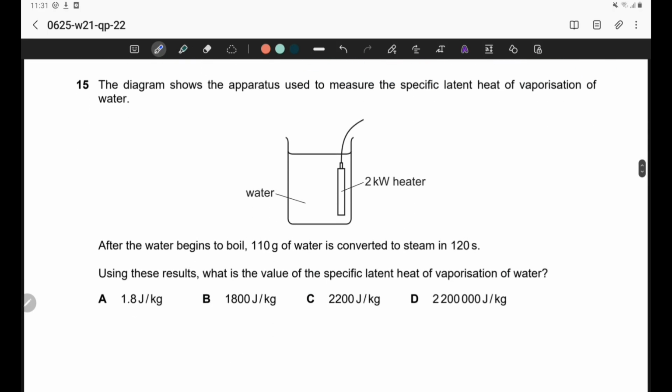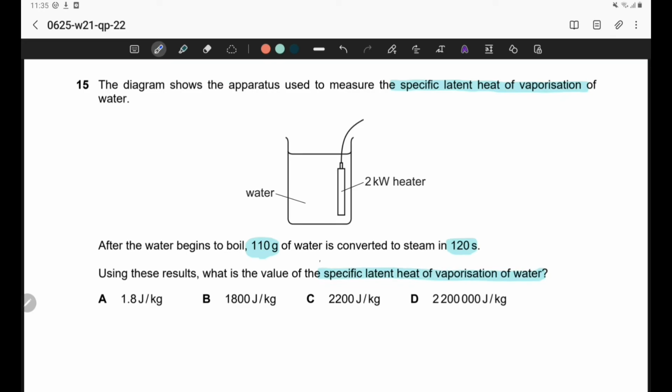Question 15. The diagram shows the apparatus used to measure the specific latent heat of vaporization of water. After water begins to boil, 110 gram of water is converted to steam in 120 seconds. Using the results, what is the value of specific latent heat of vaporization of water?